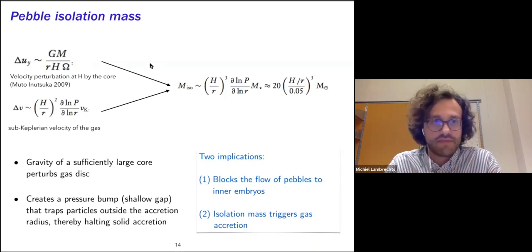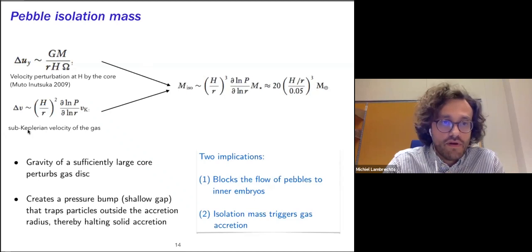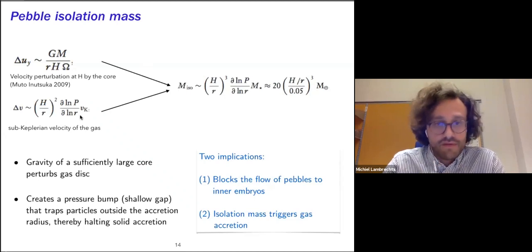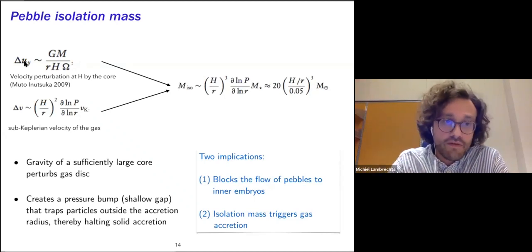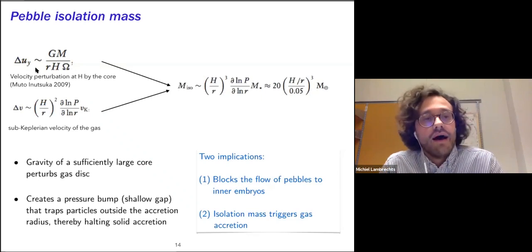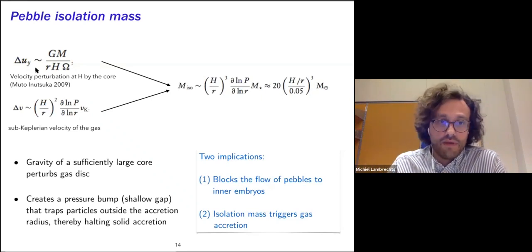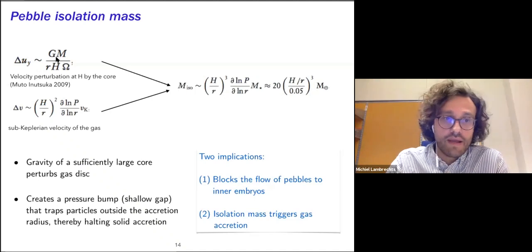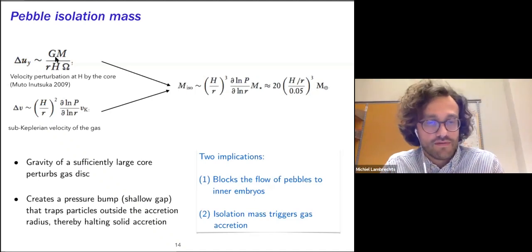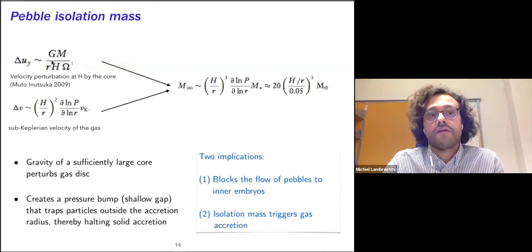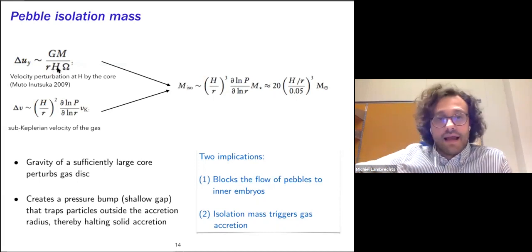Just for your entertainment, so to say, you can actually relatively quickly get to a conceptual understanding of why this pebble isolation mass exists. That is, there is a subkeplerian velocity of the gas. That's why the pebbles are drifting in. And then you can express the perturbation at the gas scale height away from the planet in this way. So this is from a paper by Lambrechts and Johansen, 2009. And basically, you have a gravitational perturbation at a gas scale height away from the core.